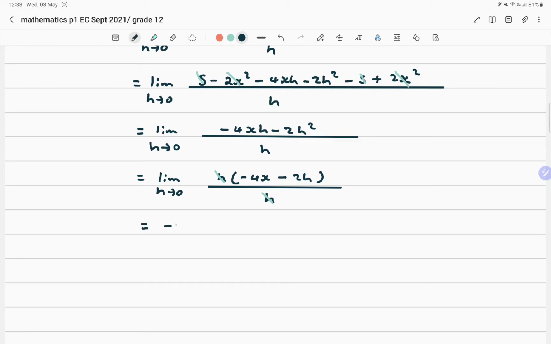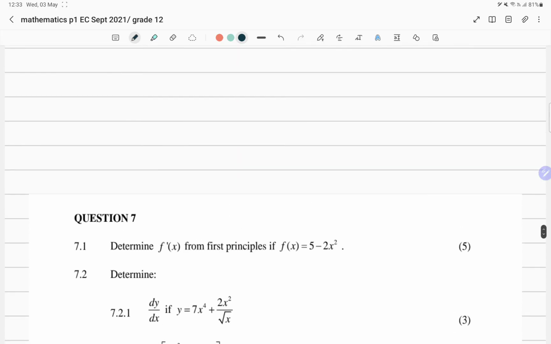Now what we can do, we've got minus 4x minus 2 times 0, which is minus 4x. Is that the answer? Yes, because if you do what we call the power rule here, you multiply and get minus 4x.